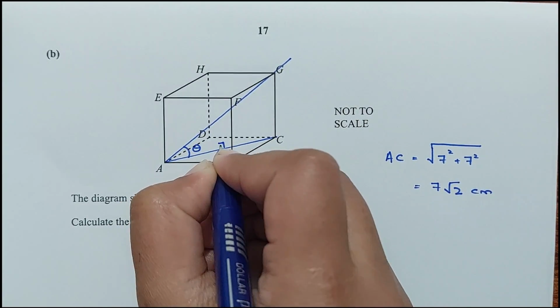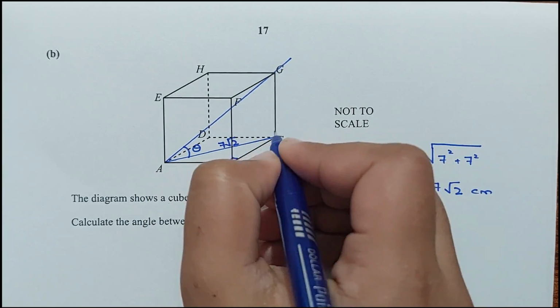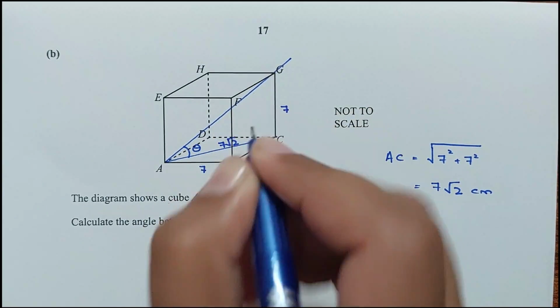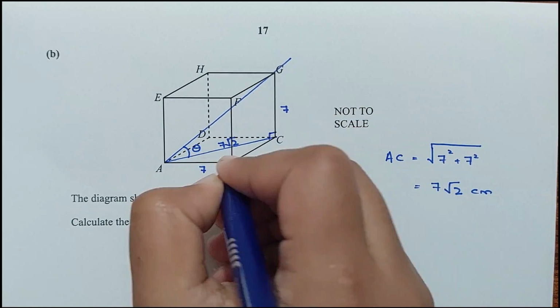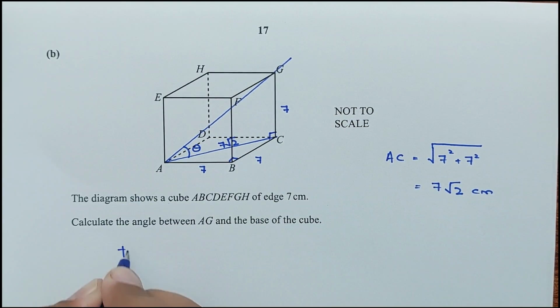This is AC, 7 square root of 2, and GC is also 7. So this is again a right angle triangle, opposite over adjacent, so we can use the ratio of tangent. So tan of theta, the angle between AG and the base, is opposite 7 over adjacent 7 square root of 2.